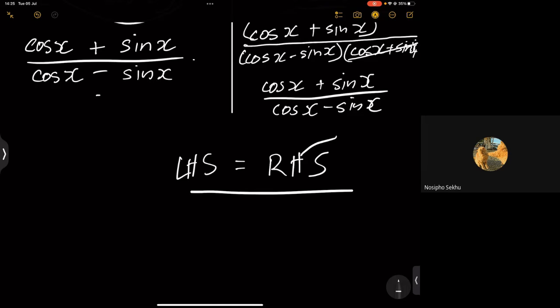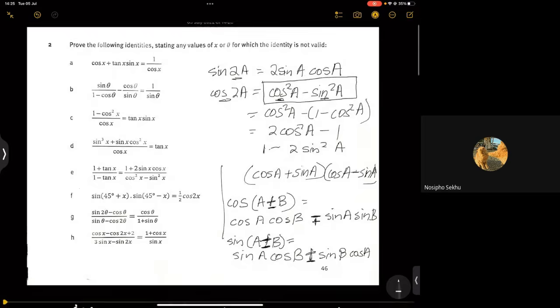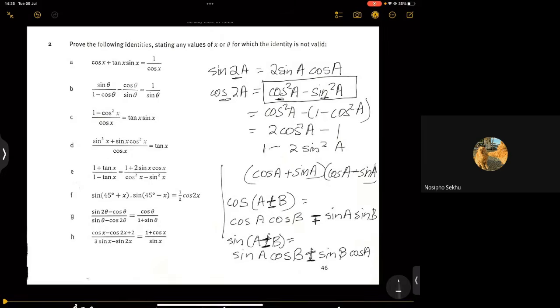Yes, sir. All right. Now, for the sake of time, I did send you this on the group. So please just have a look at the rest of them. Sorry that I couldn't touch on those double angle identities as much as I wanted to. But what we can do is maybe have a consolidation session, with the matriculants and all of you grade 11s, just to make sure we polish up on those few things.